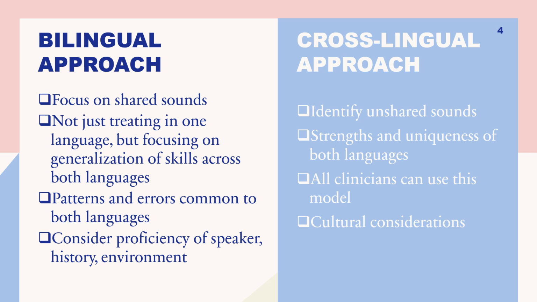So when you're thinking about a bilingual approach, you are focusing on shared sounds in both languages when you're picking targets and when you're doing treatment. So this isn't just acknowledging that the kid speaks Spanish. You're actually picking targets and you're actually working on them in therapy. So you're not just treating in English, but you're treating in English and in Spanish to generalize that skill across both languages. So you're knocking out 2 birds with 1 stone.